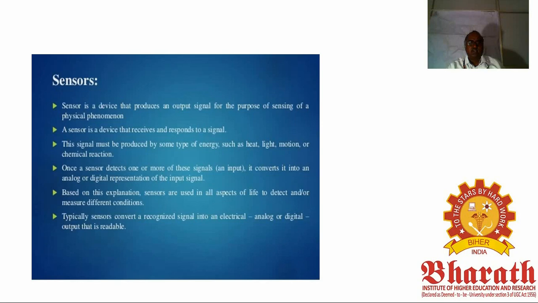Once the sensor detects the signal, it will convert it into a continuous time varying signal, that is an analog signal, or it may be a digital representation. Always it is better to go for a digital representation because most of the storage devices can be employed for storing digital information.